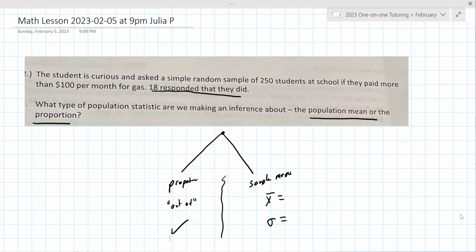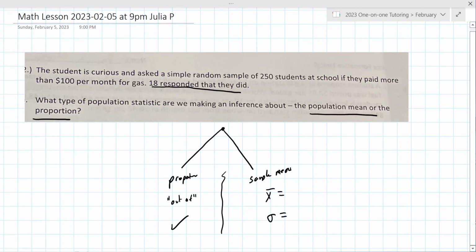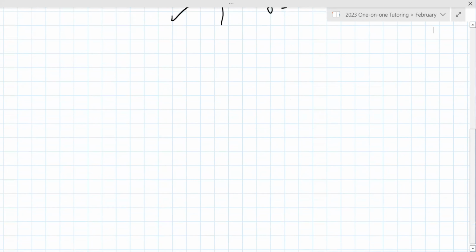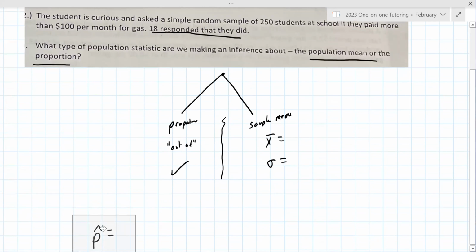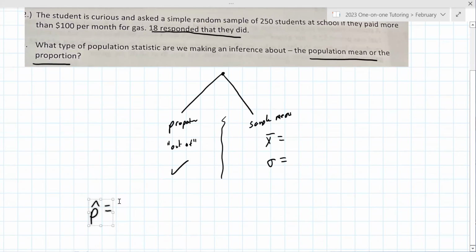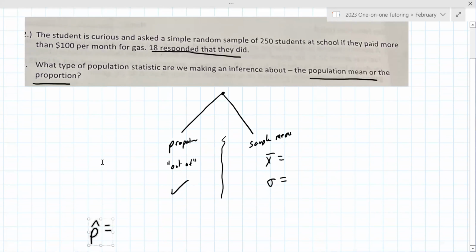So for a proportion, if you go look at the formula for it, you need the proportion. You have to have the proportion to be able to do this. So in this problem, what is your proportion? What is the proportion here of students that responded that they did? 18.